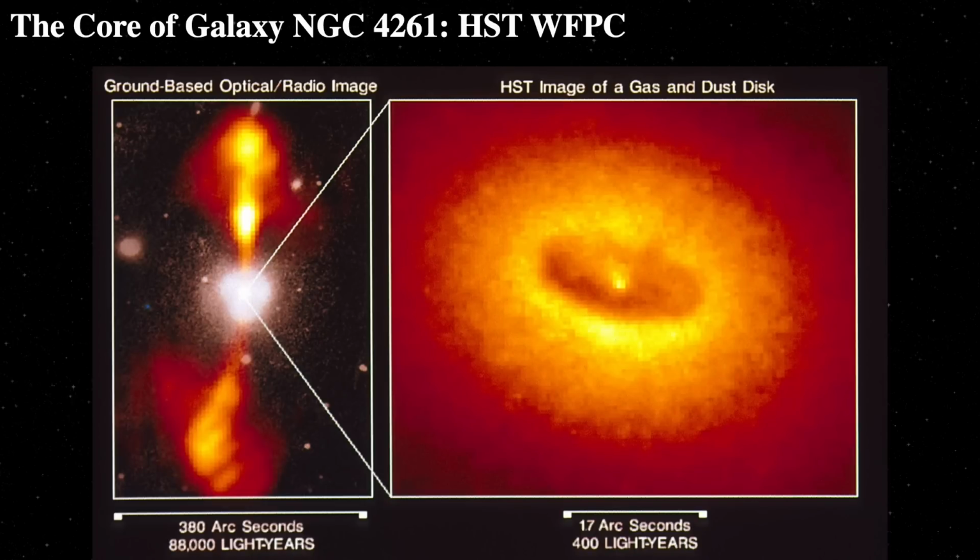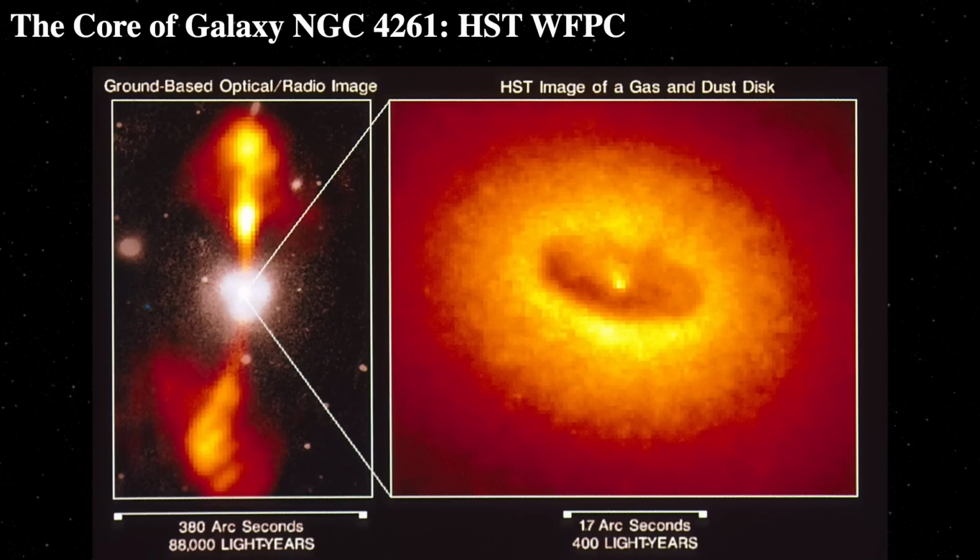So you've got radio emission from the jets, and you've got stellar emission on the left-hand side. The radio emission is in yellow on the left-hand side. The inset is an incredibly detailed, tiny image of just the core, the inner 400 light years or so. The disk itself is about 100 light years across, and you can see some extraordinarily bright emission happening inside the center of that disk.